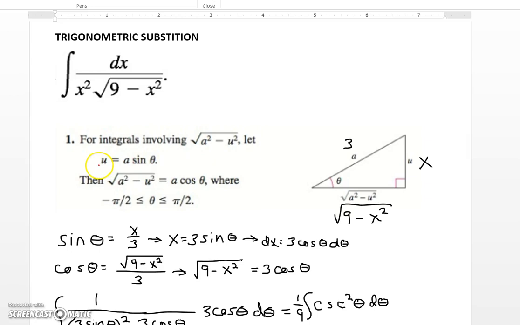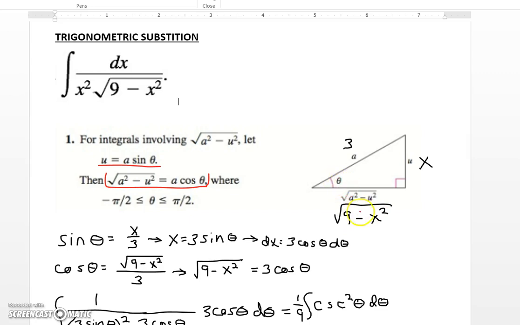So we can just use this to help us to identify what the u equation or what this variable x will be substituted out for. And then we can use this expression here to represent the square root. But where it comes from is, again, just looking at your triangle.